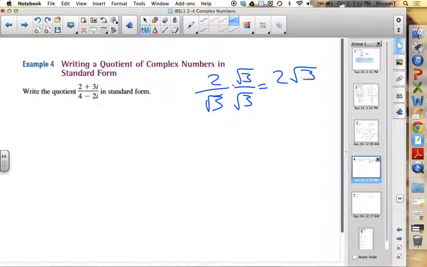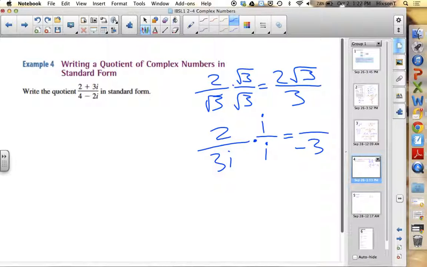You get 2 radical 3 over 3, and we're good, right? If you had 2 over 3i, what would you do? You could just use i over i, because that'll make this an i squared, so that's negative 3 on the bottom, and a 2i in the numerator. Okay?